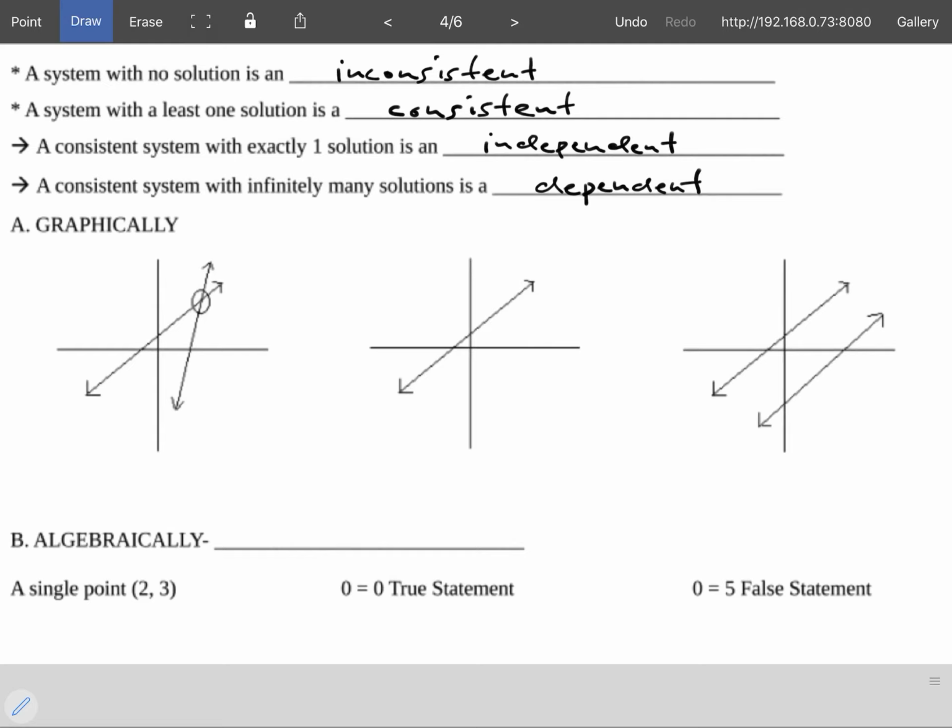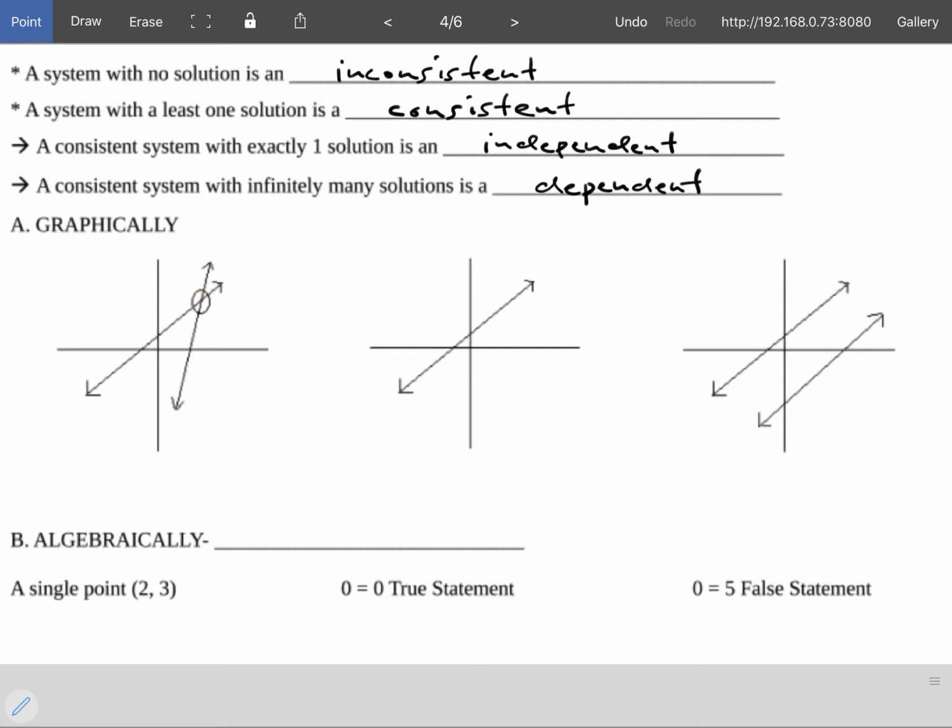Okay, so graphically, if we solve the system graphically, we were looking for the point where the two lines hit each other, right? That was our solution. Now that solution is a point, but it's actually an ordered pair, x comma y. That's one solution.